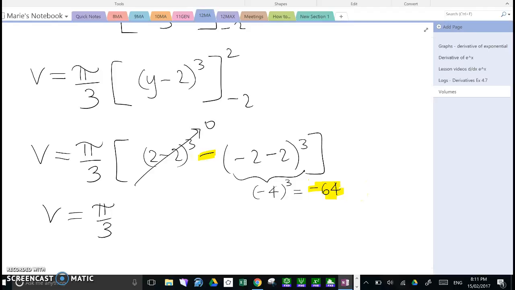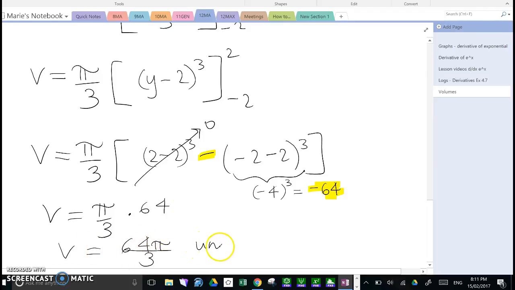So in the end, I've got minus minus, which is plus. So there we have it. Volume is 64 pi on 3 cubic units. Okay, that should be enough to get you going. Thanks guys, see ya.